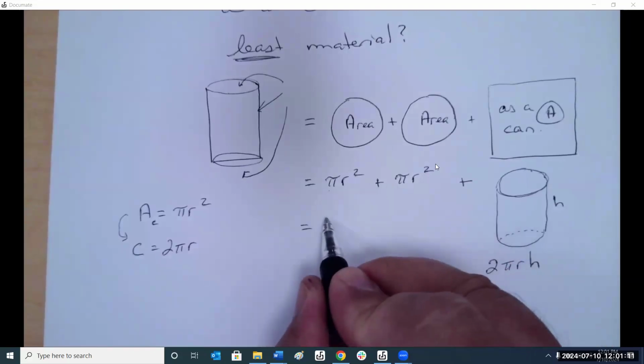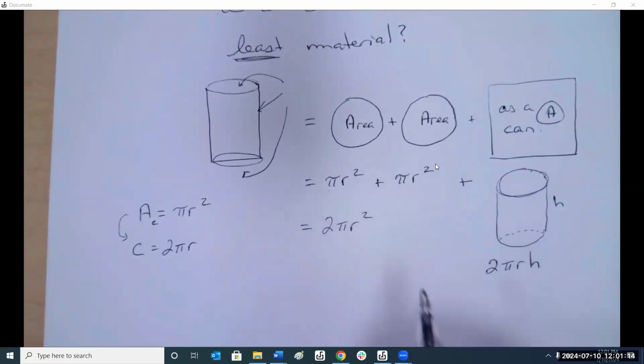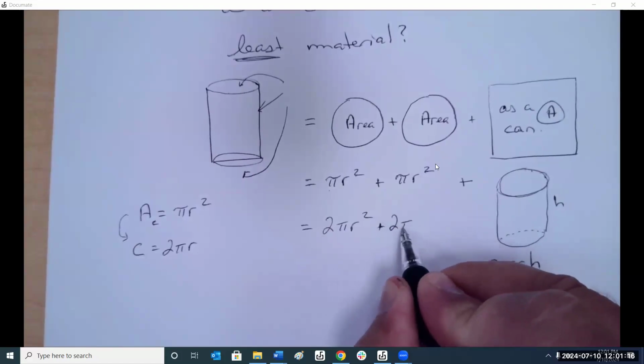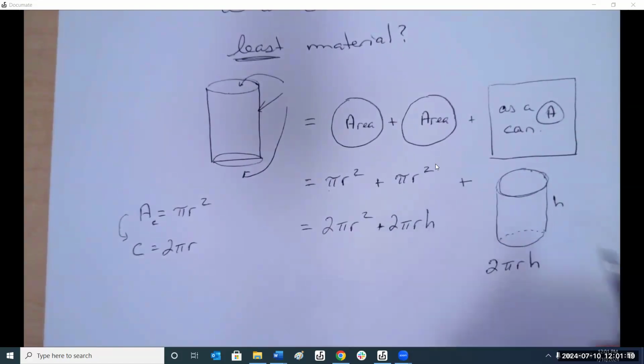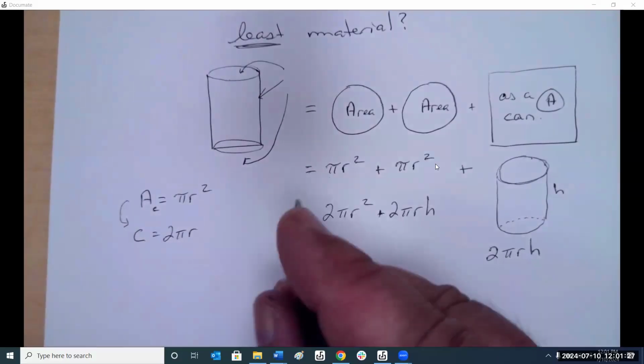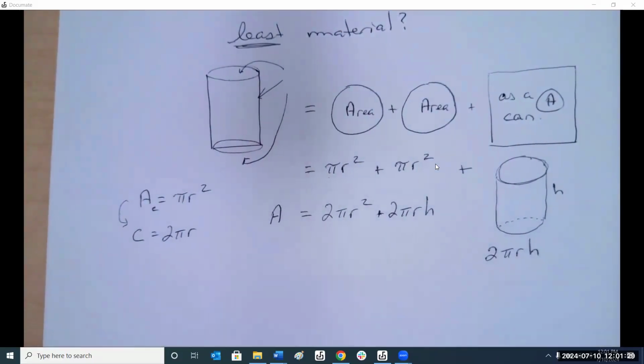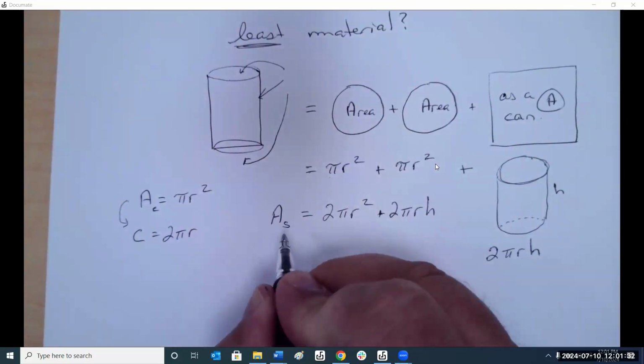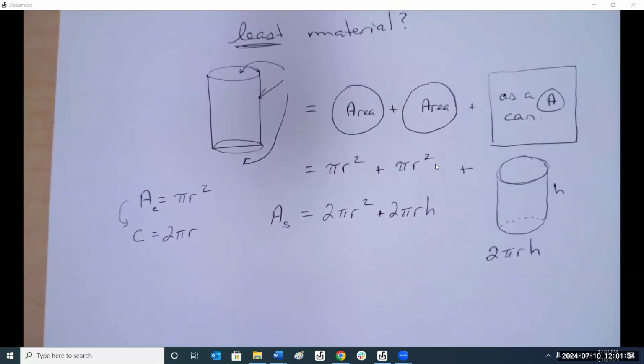We have 2 pi r squared plus 2 pi r h. We're looking for area, surface area, because we want the area of that outer shell. This is surface area. And we want the least material. How do we find this?